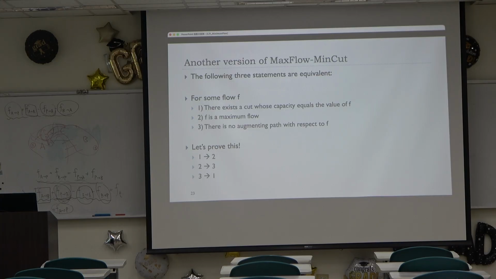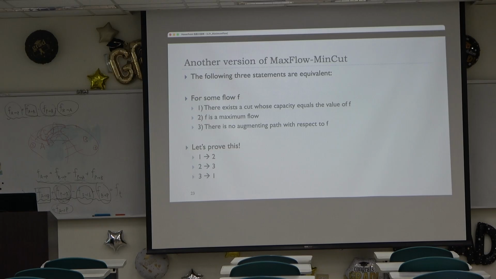Okay. So first, there exists a cut whose capacity equals the value of F, for some flow F. So there's a cut whose capacity equals the value of the flow. And we know the capacity of a cut should be greater or equal to the flow, right?